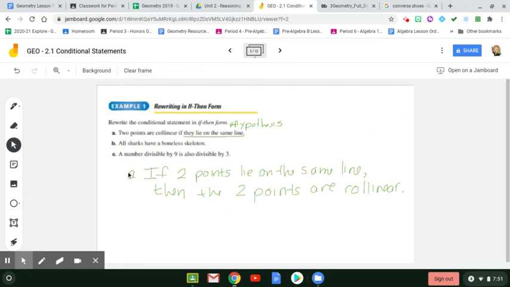For part B, it says all sharks have boneless skeletons. I'm not quite sure that I see the word if here, so let's think about this one. How about we say, if there is a shark, then it has a boneless skeleton.